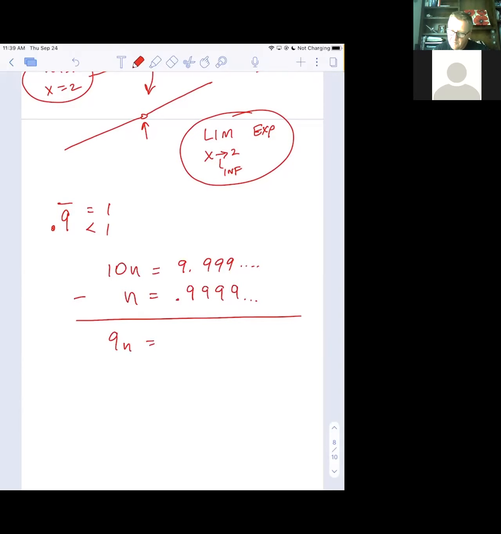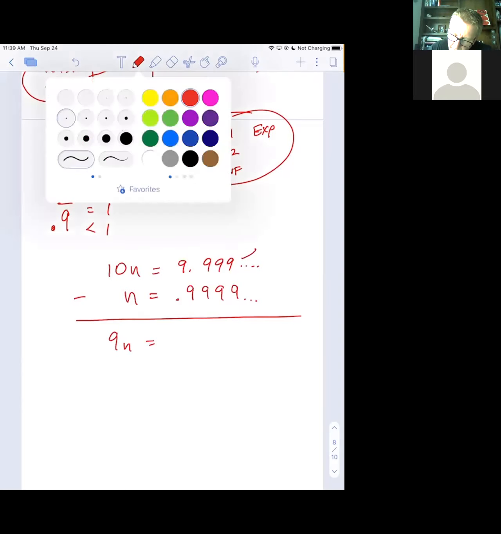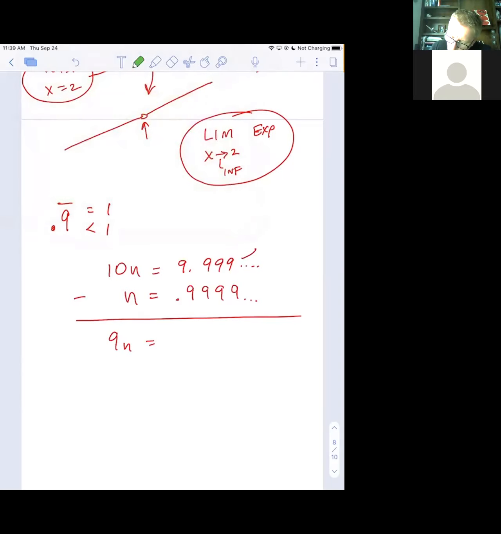The question is, up here, is there one less 9 on this one than there is down here? Do you understand what I mean by that? I mean, didn't we take 1 away? Didn't we take 1 9 and kind of put it over here? And so the question is, is there one less 9 on the top one than there is on the bottom one? What's your answer to that?